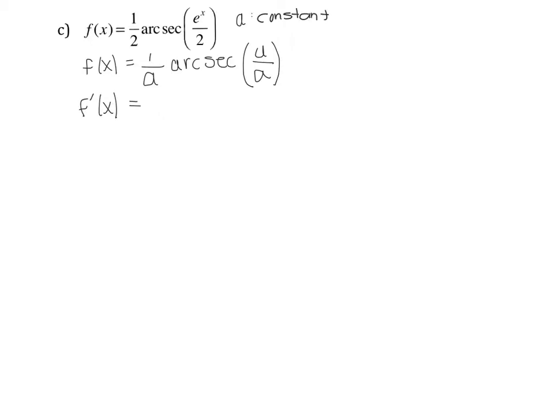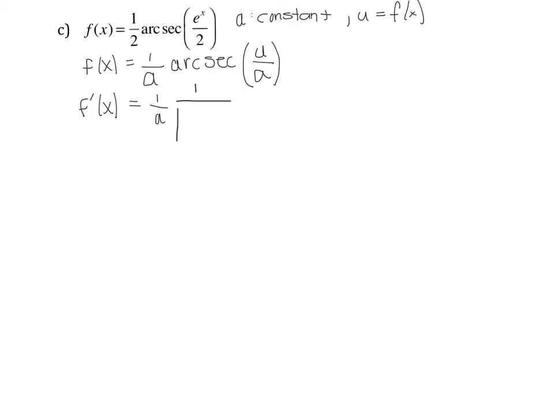Okay, and then u is a function of x. All right, so f prime, well, the 1 over a is just going to hang around like a constant. And now the derivative of arcsecant is 1 over the stuff inside the arcsecant function.